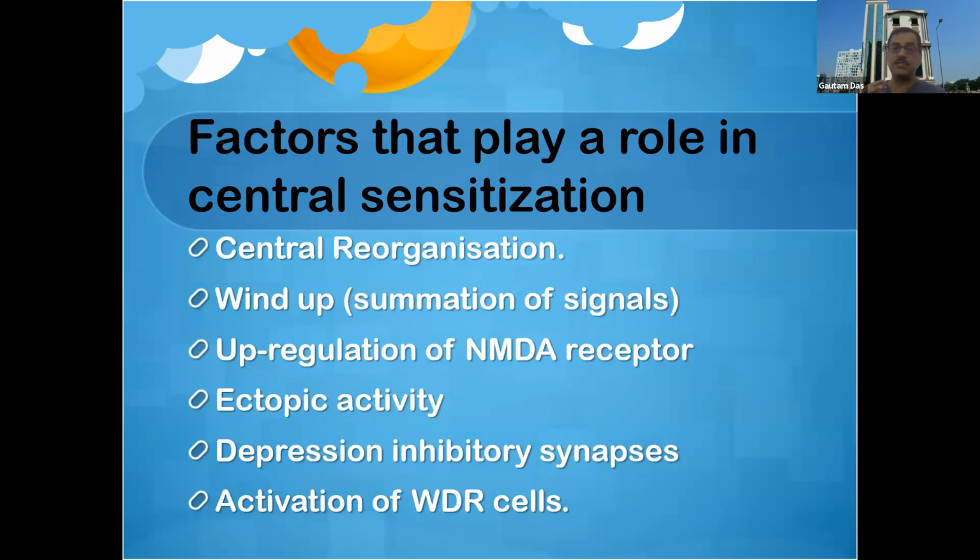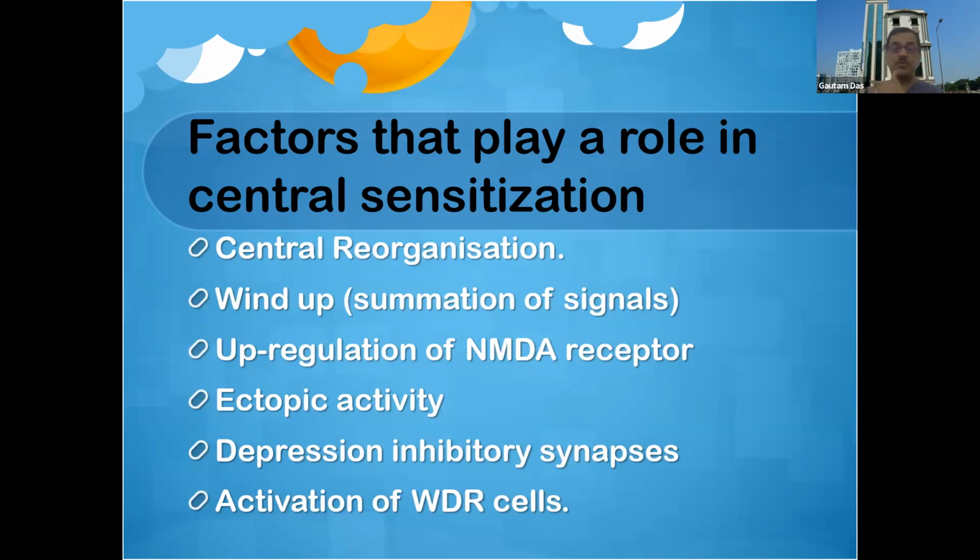The third component of the central reorganization is this. The first order neuron enters the dorsal horn, and the second order neuron starts. There is the Rexed lamina, if you remember: superficial lamina, deeper lamina, up to lamina 10, which is around the central canal. In the superficial lamina the small fibers end, in the deeper lamina the large fibers end.